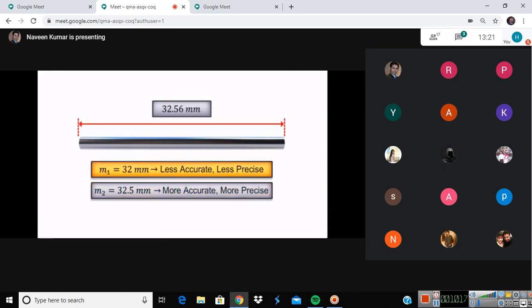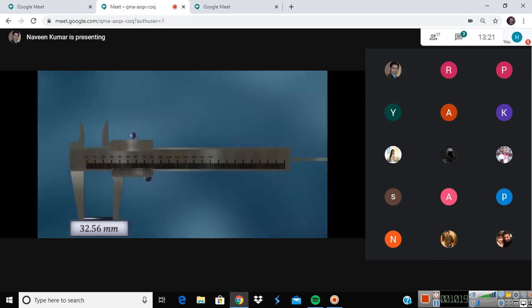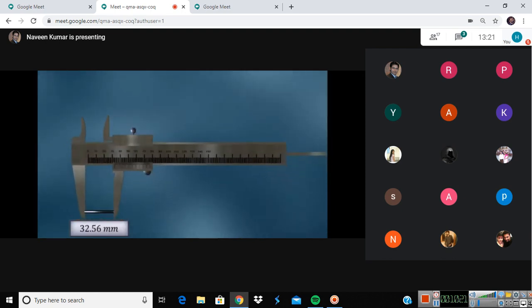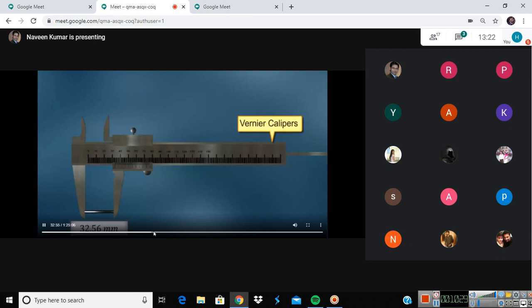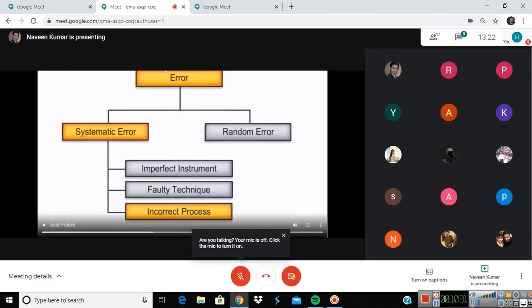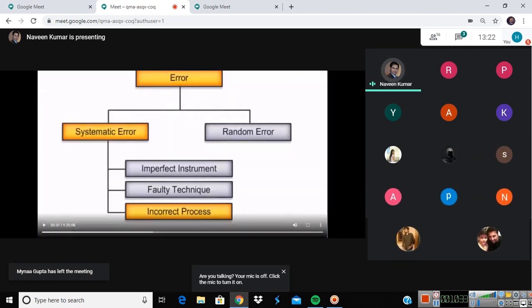Any quantity that is measured should be accurate and precise. In reality, errors may occur. Now, let us talk about errors.